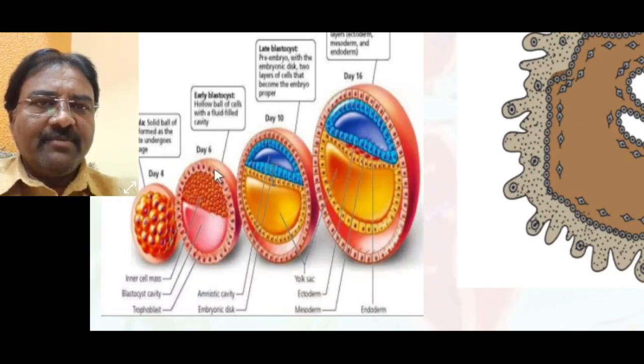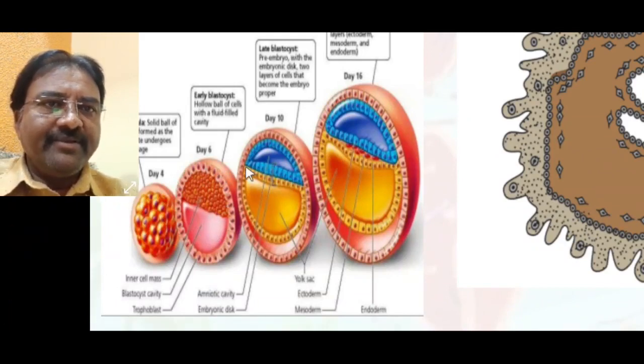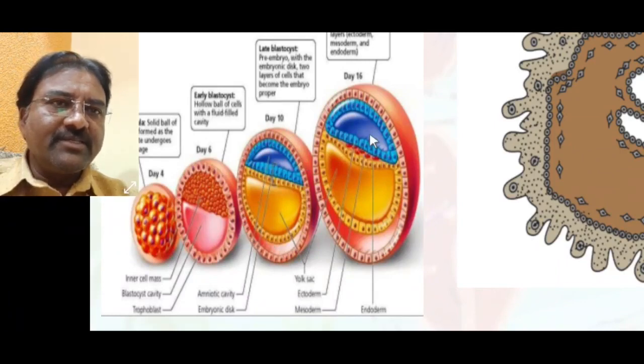So from the morula develops the blastocyst, and from the blastocyst develops the primitive structure of the gastrula, in which the endoderm layer develops first, then the ectoderm layer. From this primitive structure, the gastrula is converted into a complete structure.